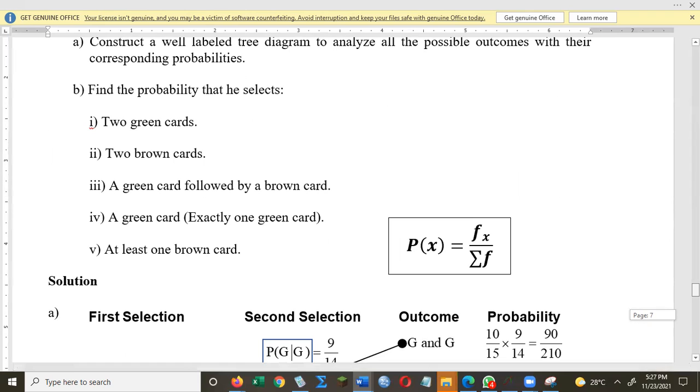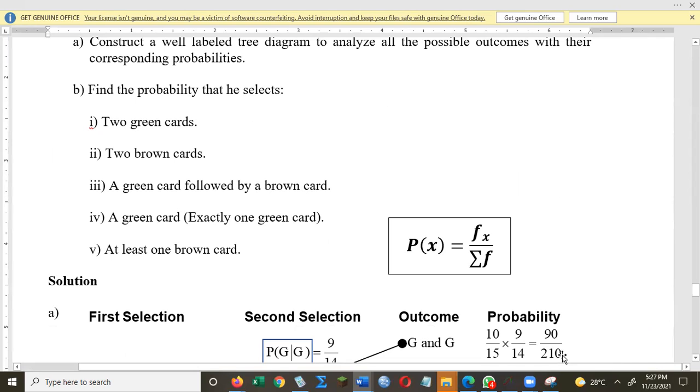Right, because this is not pure math, this is not algebra, this is not arithmetic. So if you leave it at 90/210, we're good to go. If you simplify, that's okay. If you put it in a decimal, that's all right. If you put it into a percentage, that's okay. But I will not penalize you for leaving it at 90/210 because this is statistics.